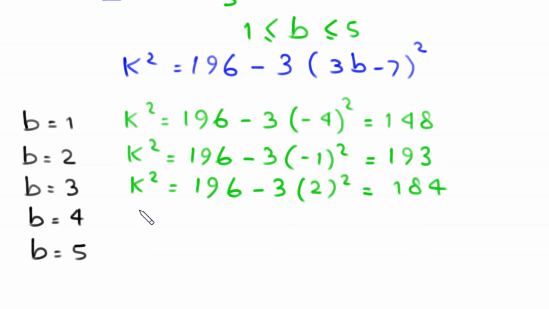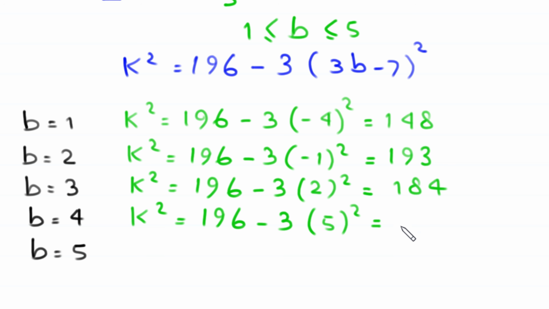When b is 4, then k squared will be equal to 196 minus 3 times (12 minus 7, which is 5) squared, and this is equal to 25 times negative 3, which is negative 75.